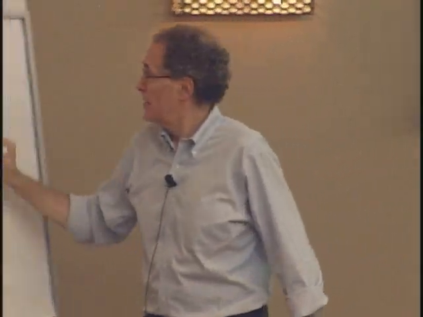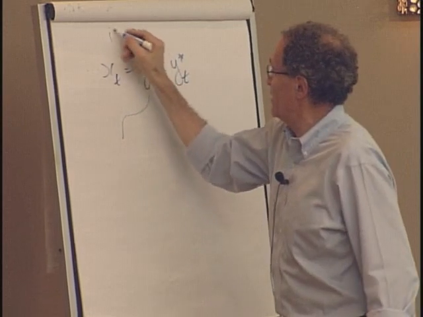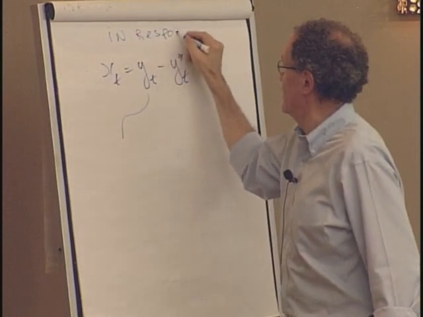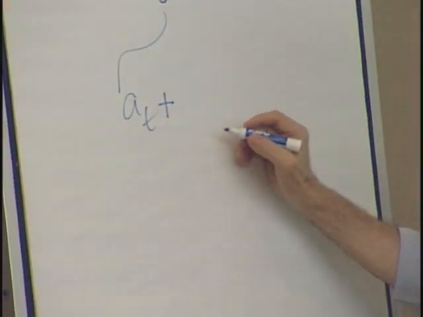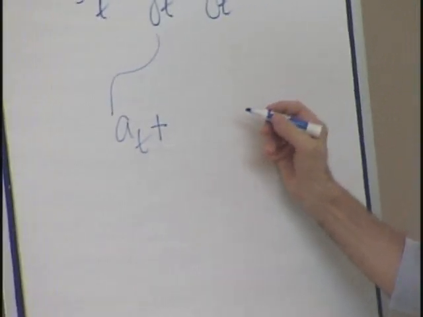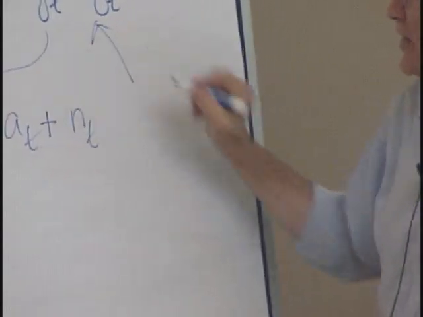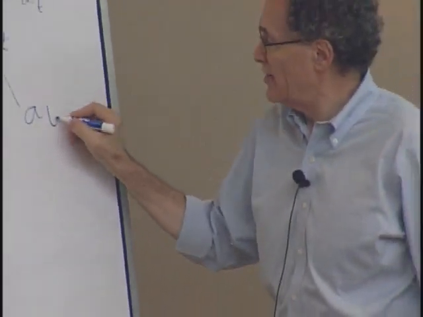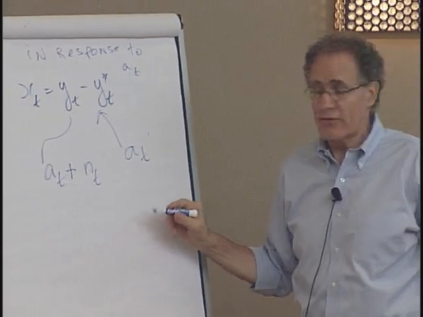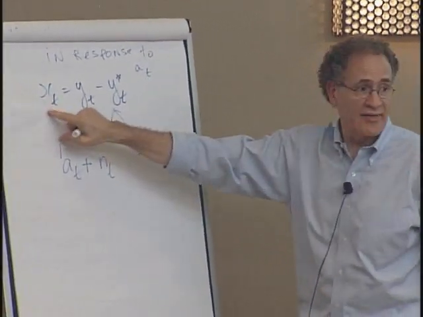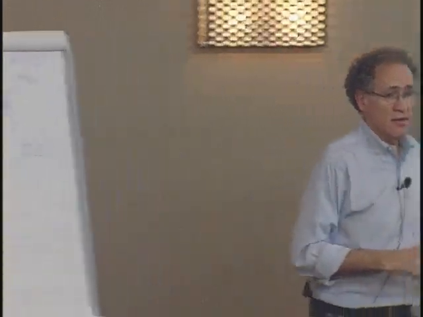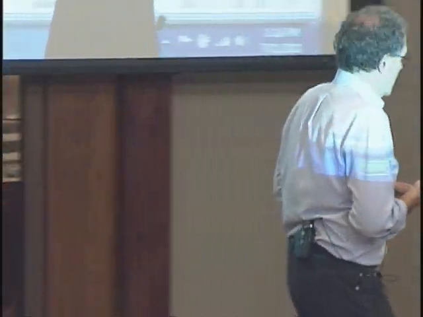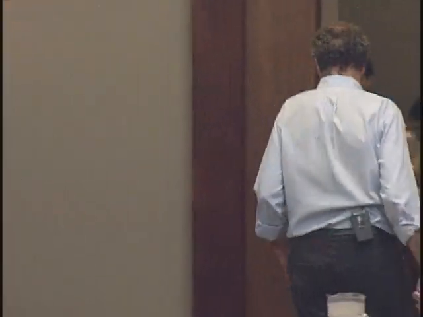That's the output gap. Suppose in response to A_t, actual output y_t is equal to A_t plus N_t, and efficient output is equal to A_t plus nothing. So what x is in response to A is the response of n. That's how you read the response of n, and that's why I've got that in the graph.